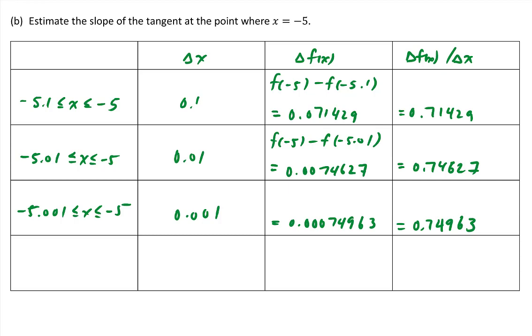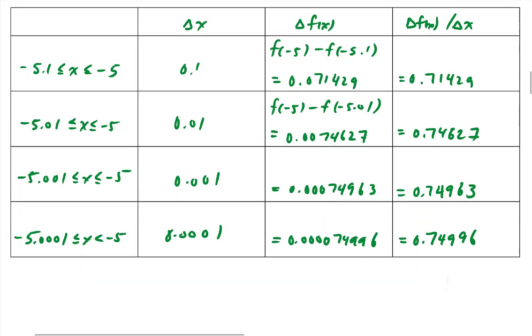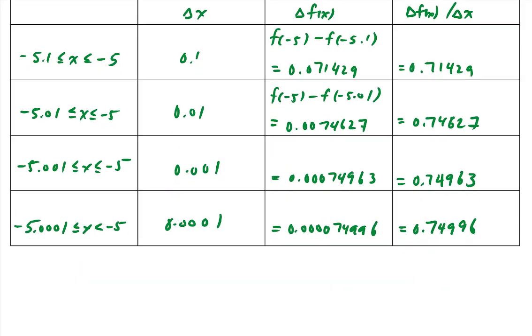I'm not yet confident, so I can take a fourth interval, so let's do that. And I can see clearly that's heading towards decimal 0.75. So this tells us that the slope of the tangent at x equals -5 is approximately 0.75.